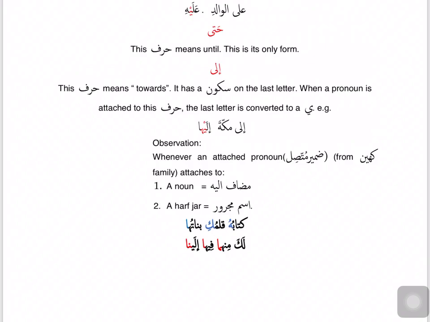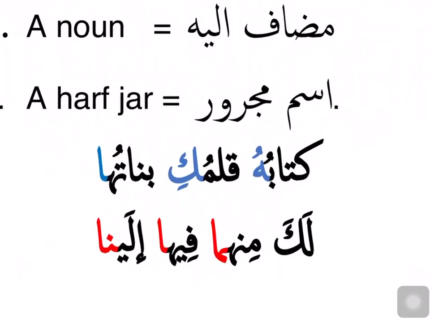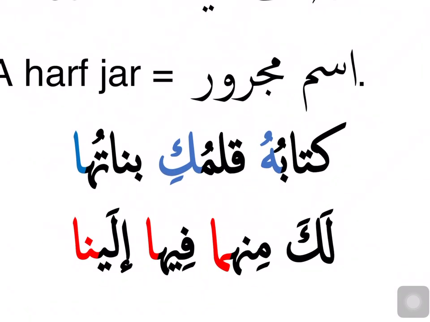And then the last thing we want to see here is when the attached pronoun, the damair muttasila, kahin group, whenever they attach to a noun. So here I'm seeing kitabuhu, qalamuka, qalamuki, banatuha. In all of these, the pronouns are hu, ki, ha. If I look at the word that it is attached to, kitab, it's a noun.